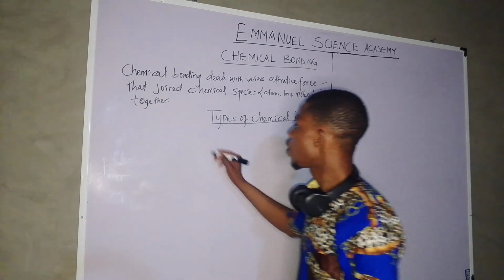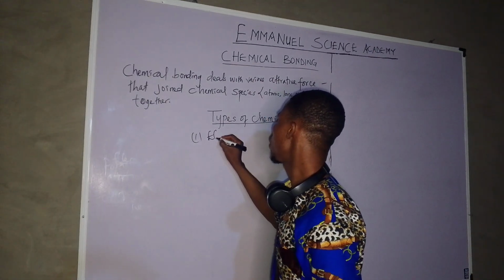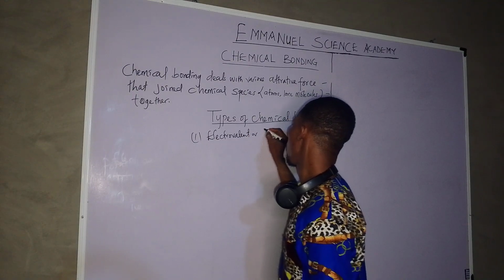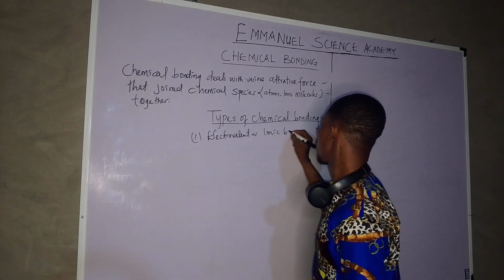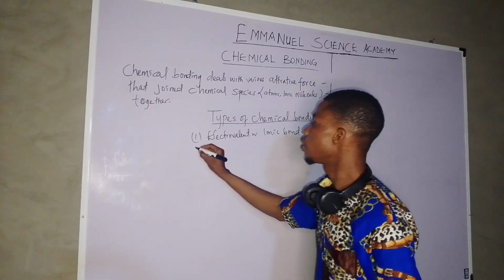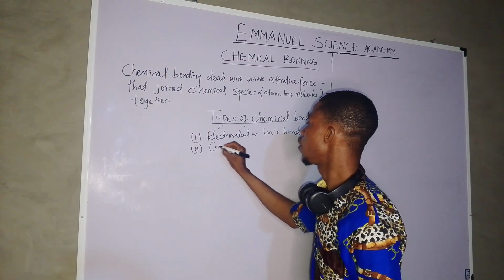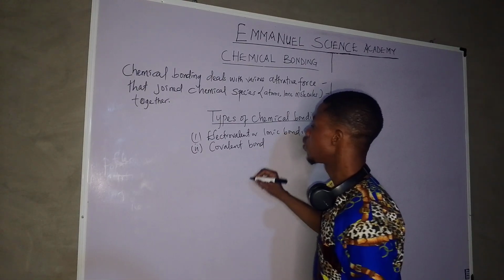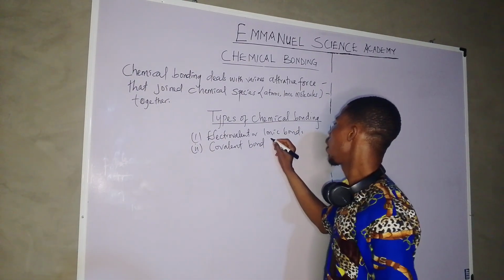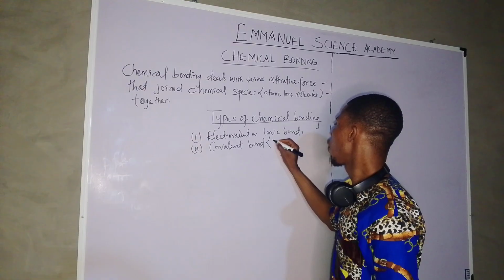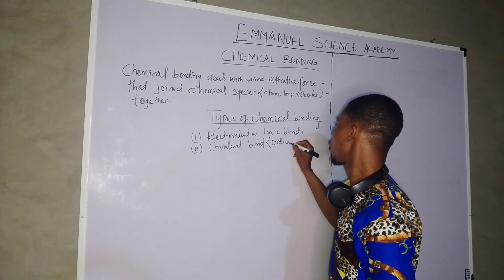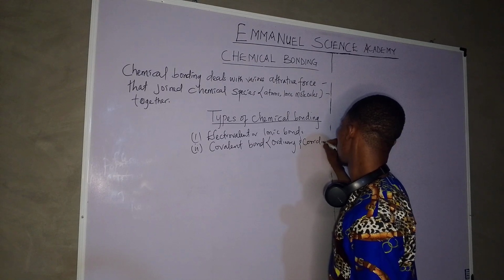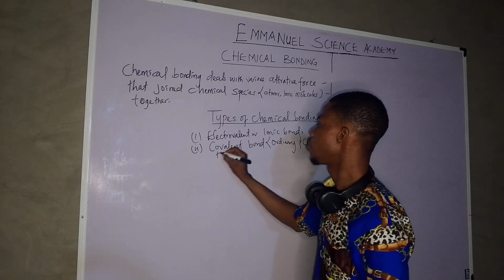So number one, we have the electrovalent or ionic bond, and the covalent bond. Under the covalent bond, we have the ordinary covalent bond and the coordinate covalent bond.